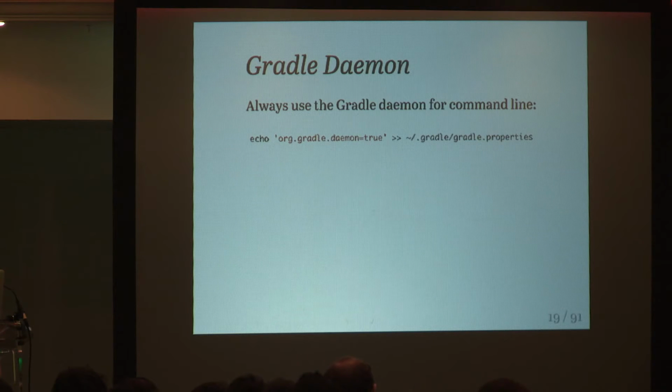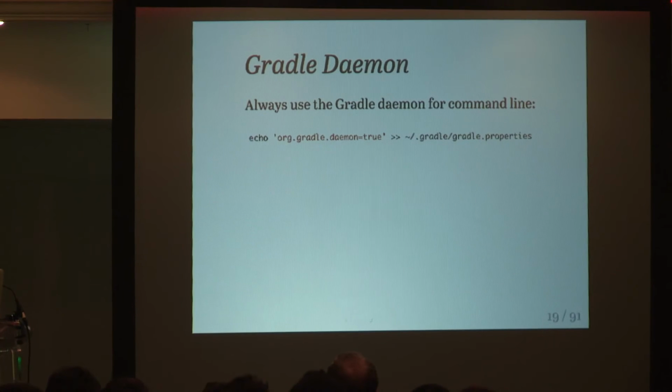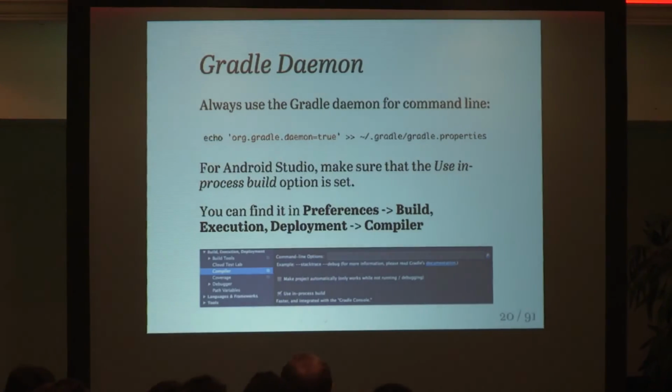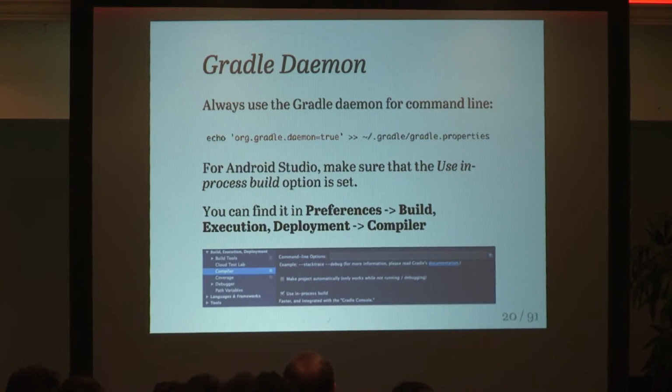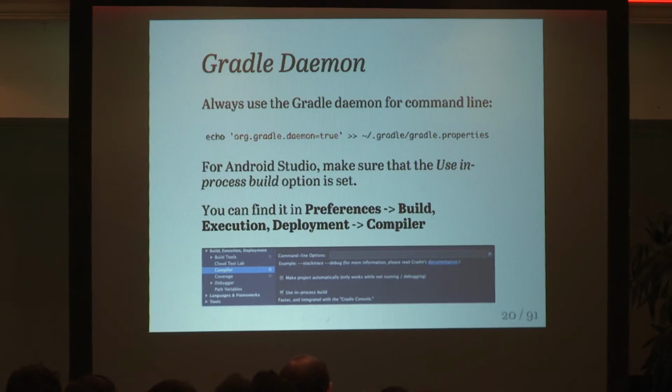And just as before, there is a magic flag in the same file as the previous one where you can enable this globally. And recent Gradle versions, I think, have started to nag you about this as well. They're telling you, like, this build could be faster, just use the daemon, please. And in Android Studio, there isn't a specific daemon option, but there is a flag called Use in Process Build.